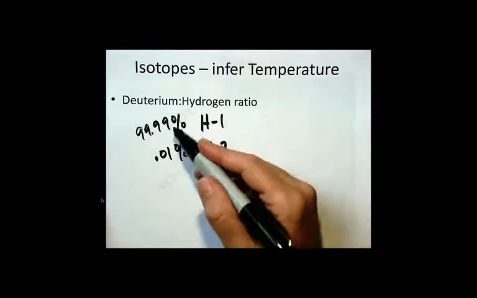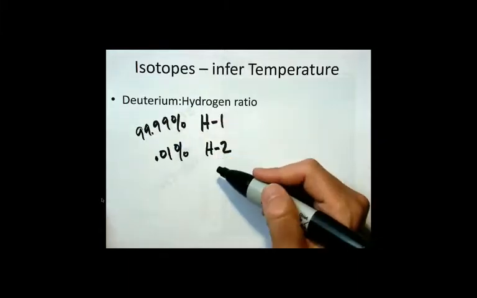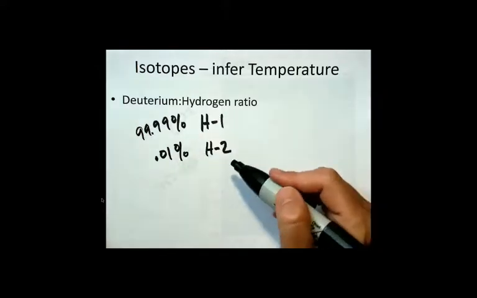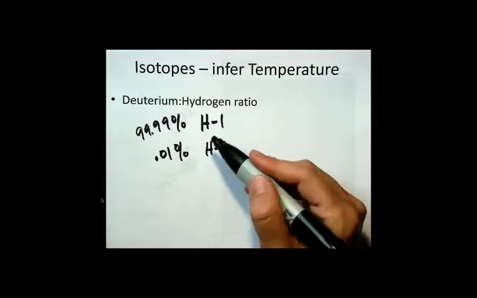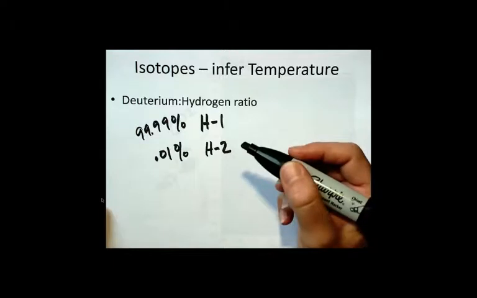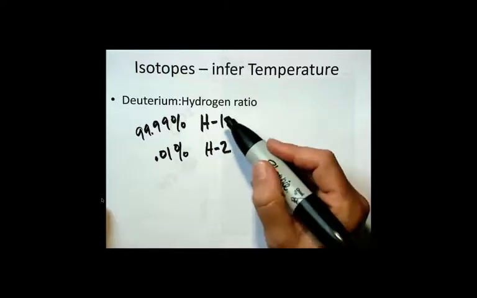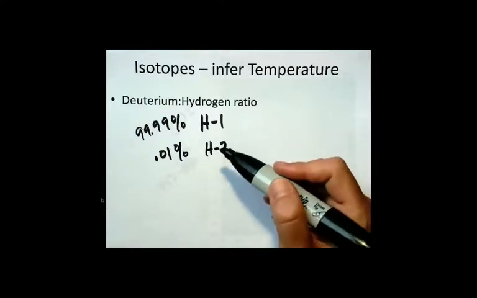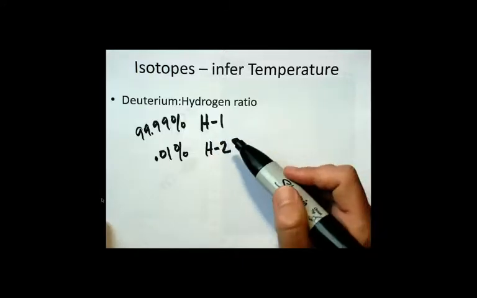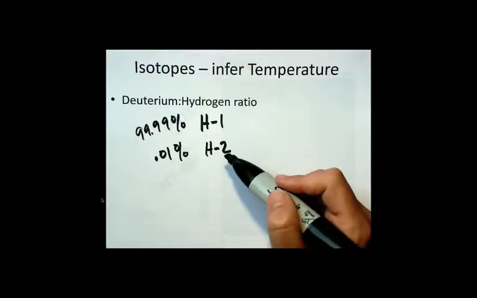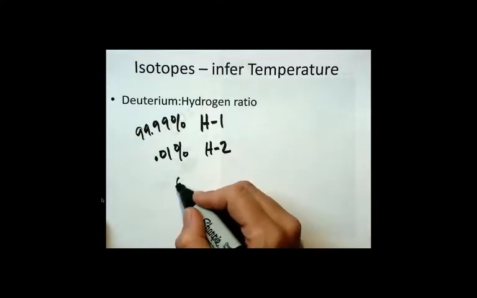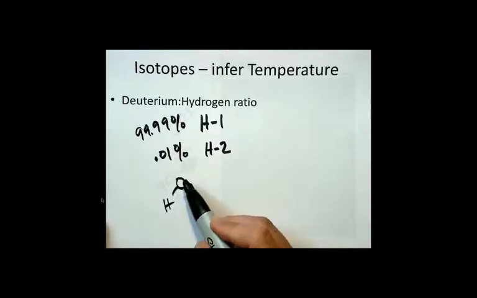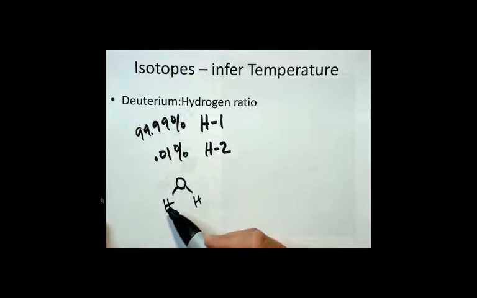All right, so because of this natural abundance, then any hydrogen that's found in any compound that contains hydrogen, 0.01% of that hydrogen is going to be in the form of deuterium. So in the oceans, for example, there's a lot of water, so there's a lot of hydrogen. Most of the hydrogen is in the form of H1, but a very small percentage is in the form of deuterium. So what that tells you is that most water is just a regular old oxygen and regular old hydrogen.